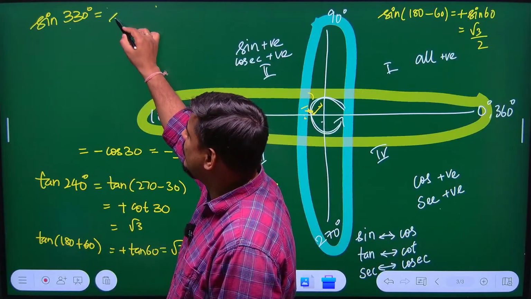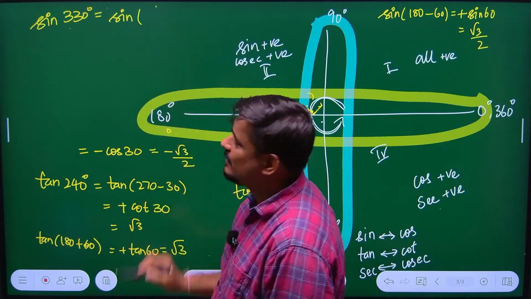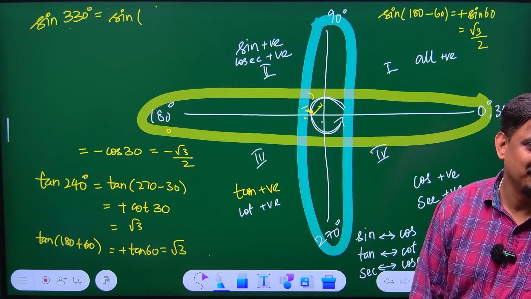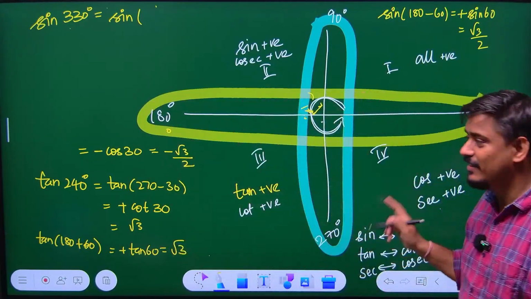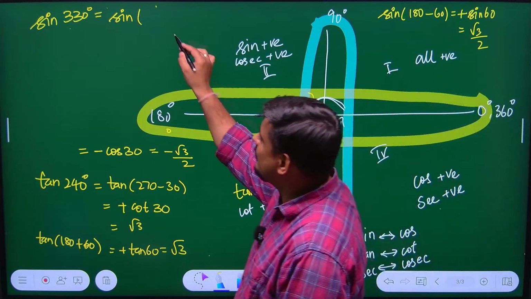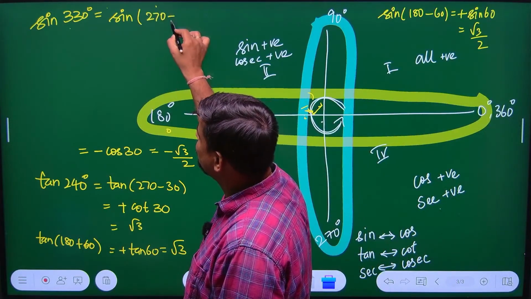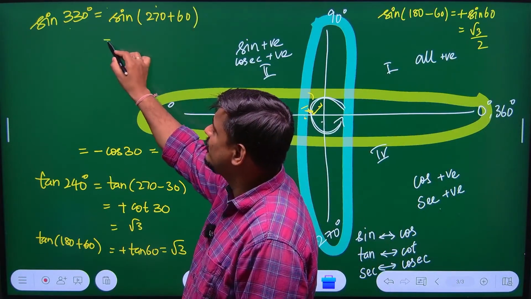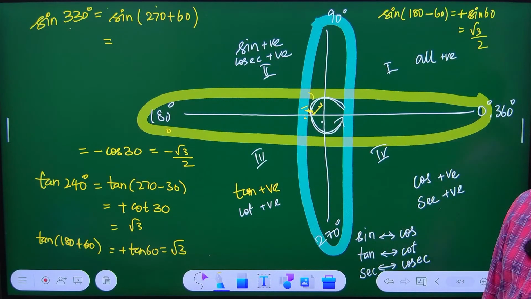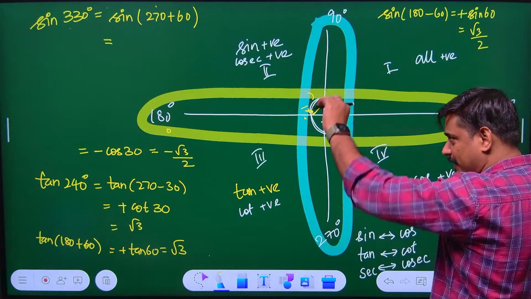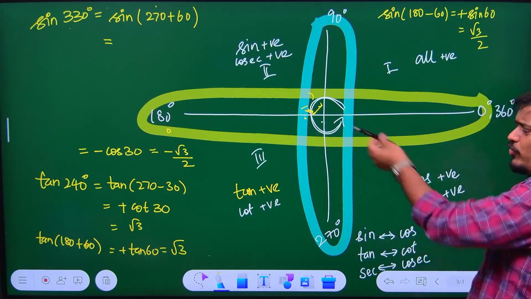How will you break it? Sine what plus what? 270 plus 60. Okay. Which quadrant? Sir, fourth quadrant. Very good. You have to come 270 and plus some acute angle. Fourth quadrant only. Good.